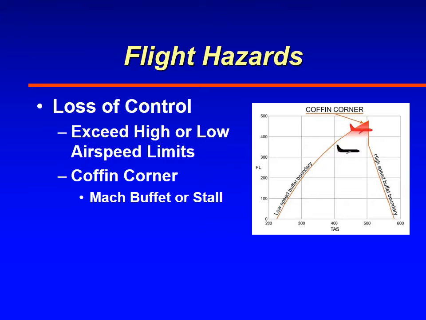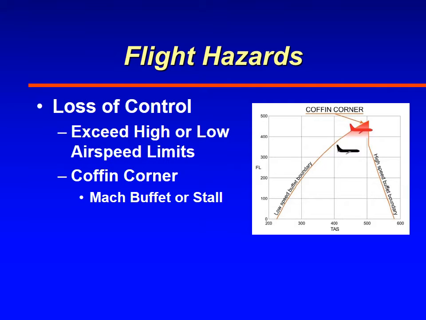And no airplane is certified to fly at that point, of course. What they do is they define an envelope that you can fly in. And the envelope is defined by the stall speed and also the Mach buffet. So if you're flying at high altitudes and the airplane experiences mountain wave or turbulence associated with mountain wave, you'll have airspeed excursions of 15-20 knots.